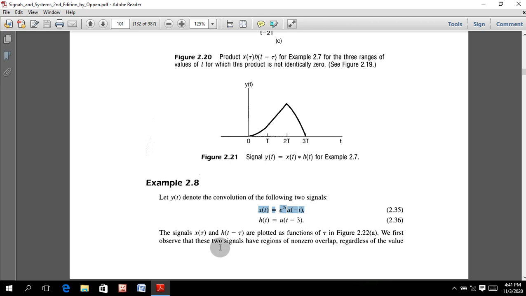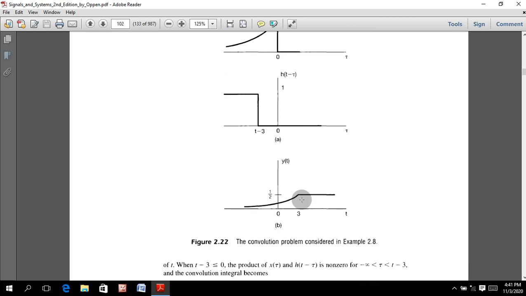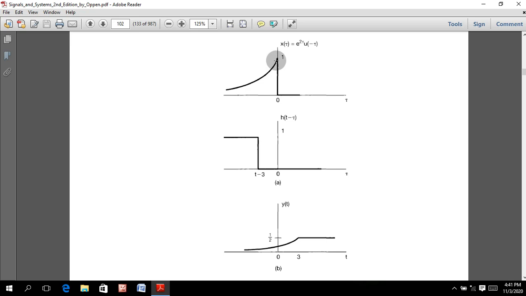We first observe that these two signals have regions of non-zero overlap, depending on the value of t. The input signal has started here, the impulse has started from here. When they overlap, we will have a non-zero value. When they don't overlap, we will not find any non-zero element.